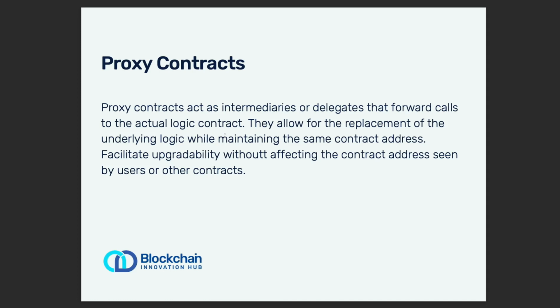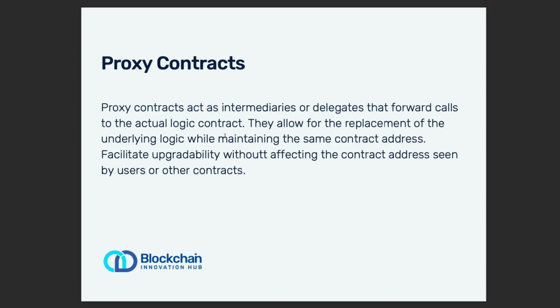Now they allow for the replacement of the underlying logic while remaining the same contract address. So what that means is, since you're making a call to the proxy contract instead of your normal direct contract, you can now make a change to the underlying logic while still retaining the same smart contract address, which is the proxy contract.